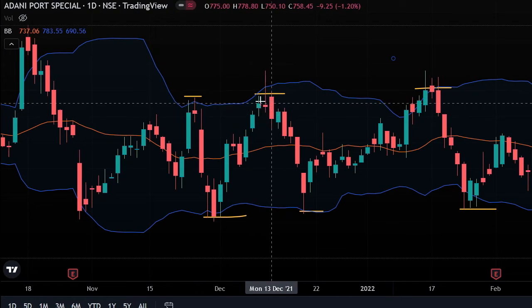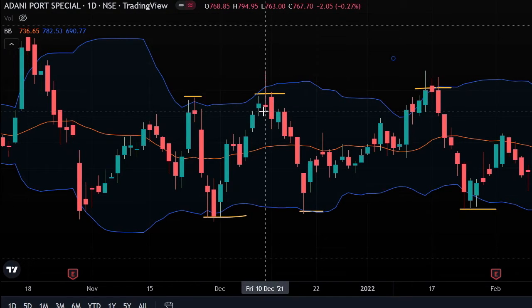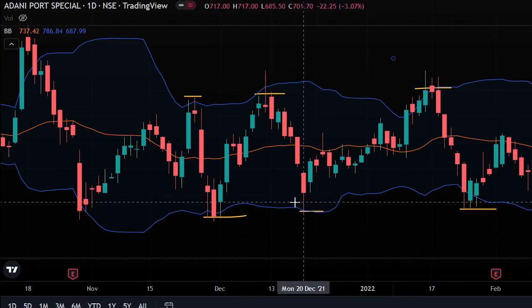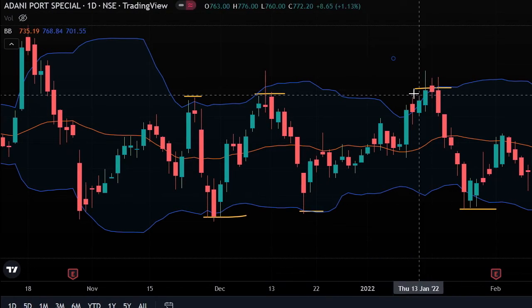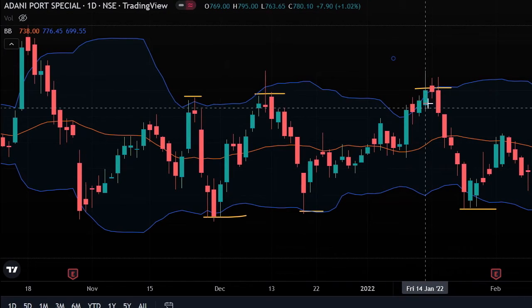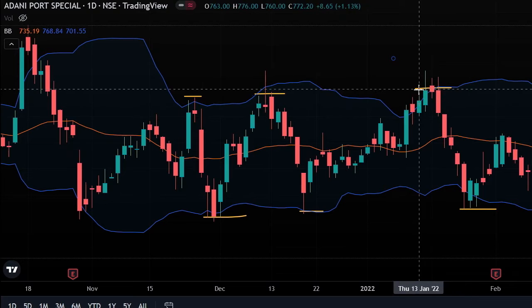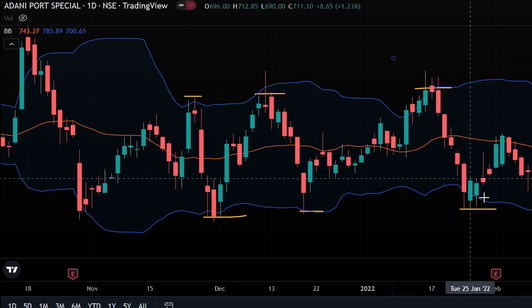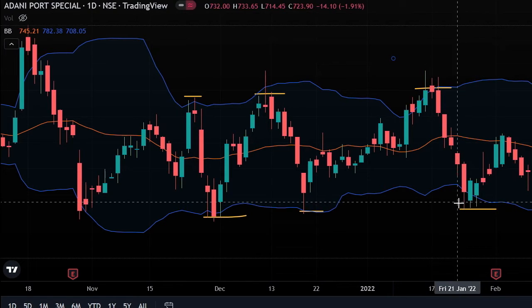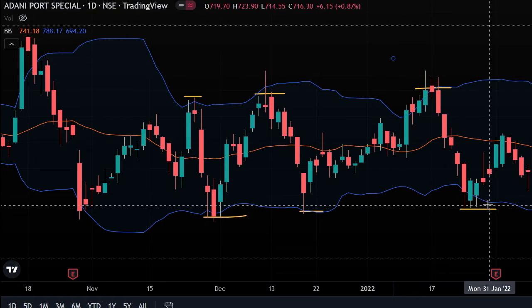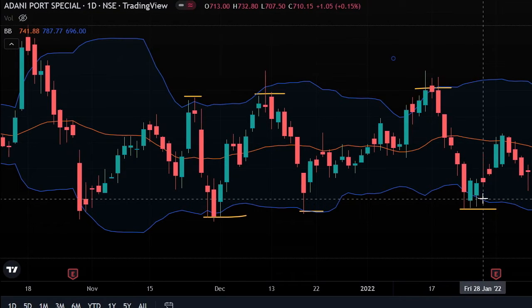Again, shooting star at the upper band and hammer at the lower band. Again, shooting star, spinning top, and then again multiple hammers at the lower band. So what does this exactly show?